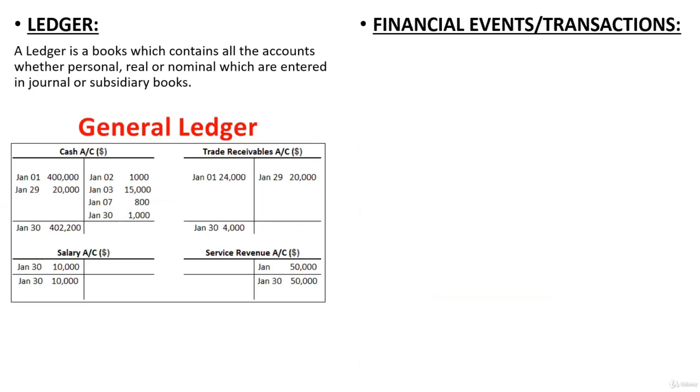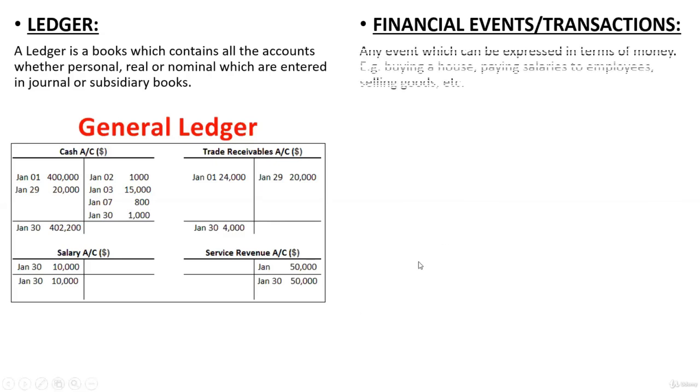Like I'll be preparing a cash ledger and recording all the transactions related to cash under a single cash ledger. Likewise, we'll be preparing a sales ledger, salary ledger, revenue ledger, sundry creditor and debtor ledgers. For each and every person, each and every player, we'll be recording a different ledger through journal entries.